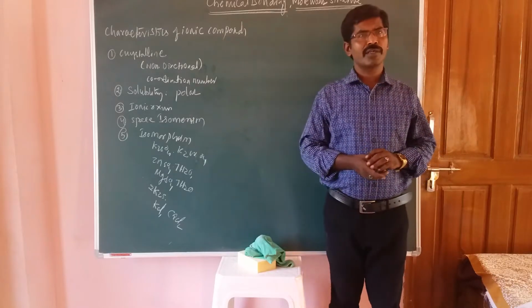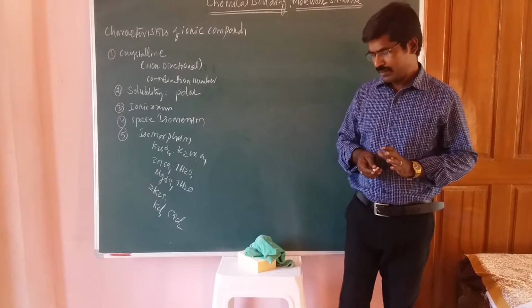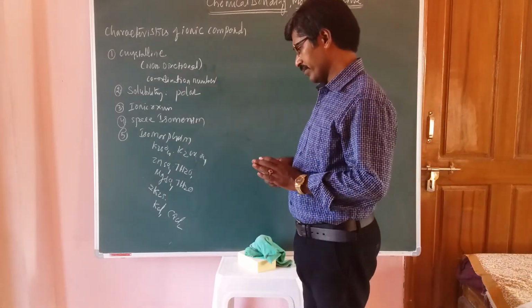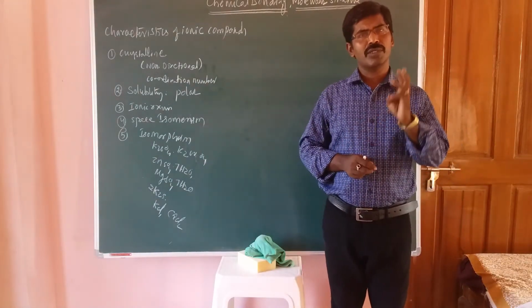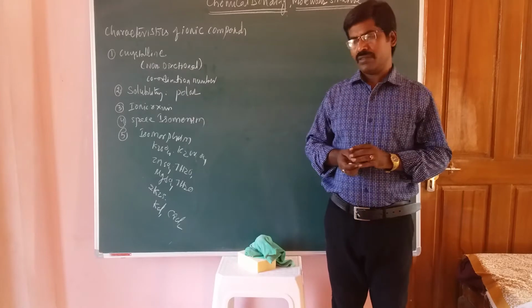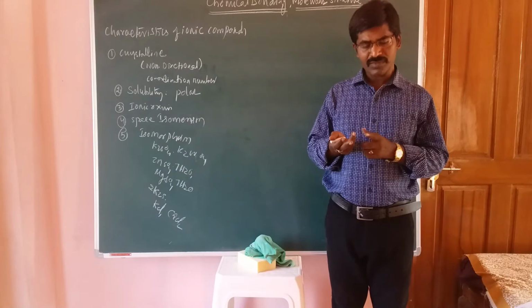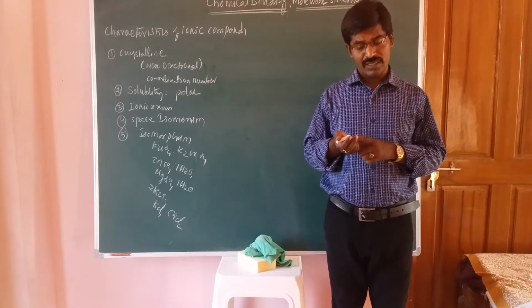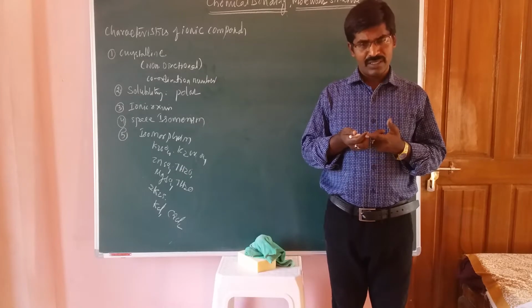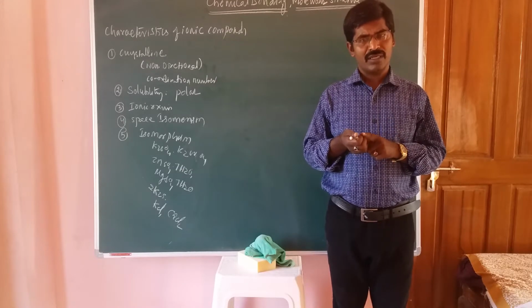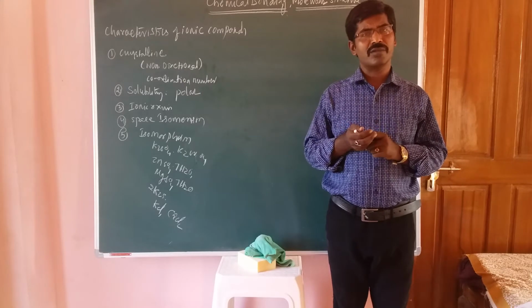Today we are talking about chemical bonding and molecular structure. This is the continuation class. In this session we have covered only two to three concepts so far: the introduction to chemical bonding, types of chemical bonding, the lowering of energy and stability of atoms, and next the octet rule also.